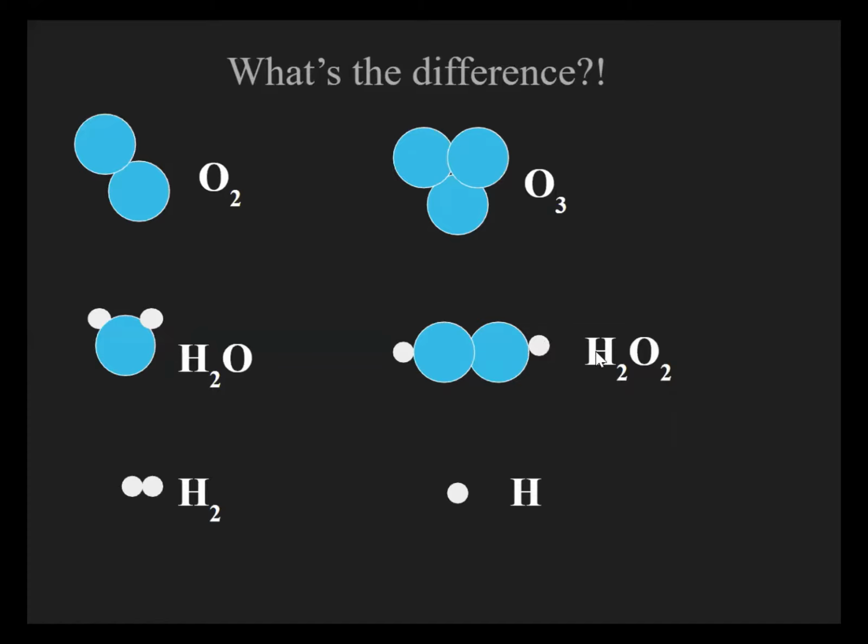The stuff you buy from the pharmacy that's 3% hydrogen peroxide will bleach your hair and your skin. And if you get 30% hydrogen peroxide, it can be really strong and damage your tissues, which is why it bleaches hair and skin, because it's really good at damaging tissues. Anyway, that's hydrogen peroxide. One extra oxygen makes a huge difference.